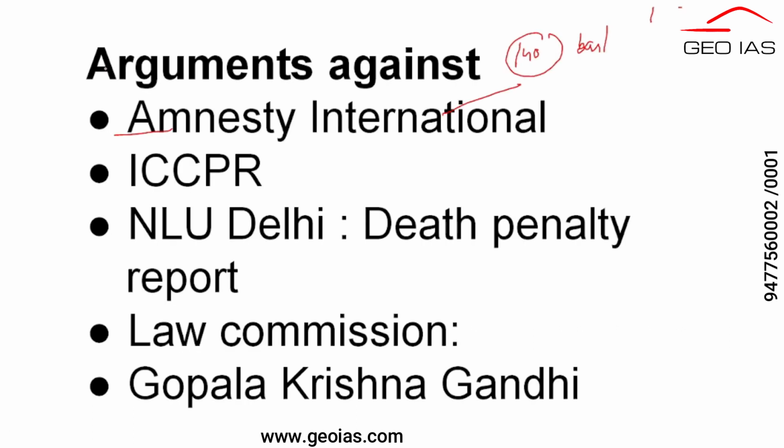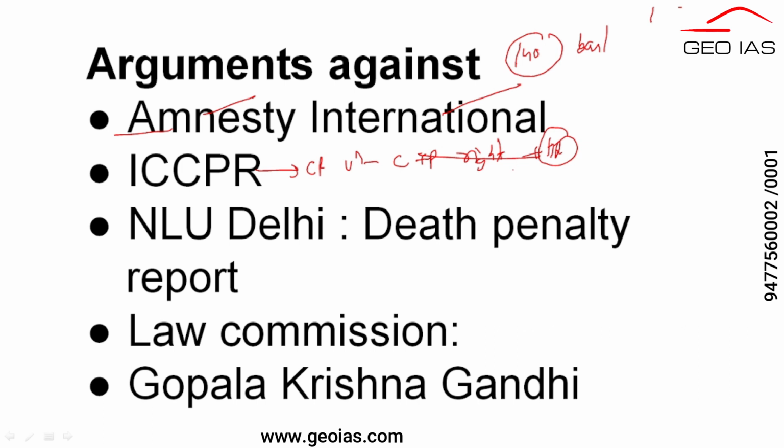Hence, India as a progressive nation should ban it. Even the International Covenant on Civil and Political Rights stated that capital punishment violates civil and political rights, and even human rights. So this should be abolished.